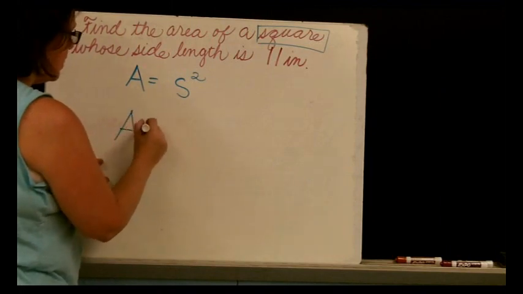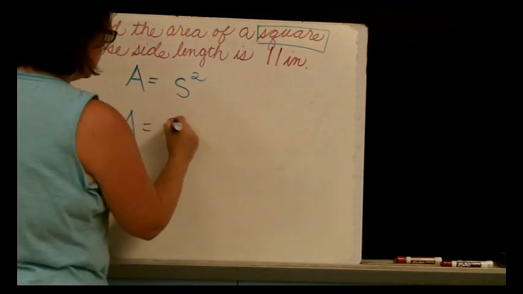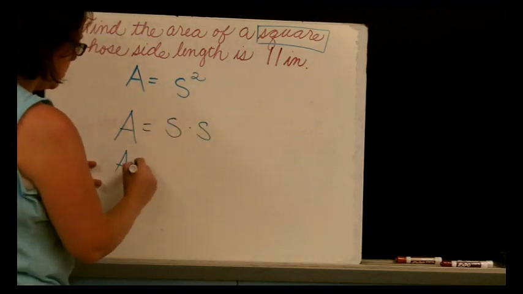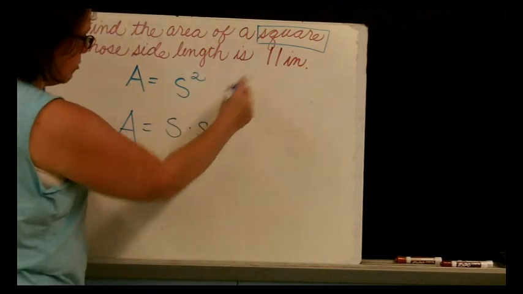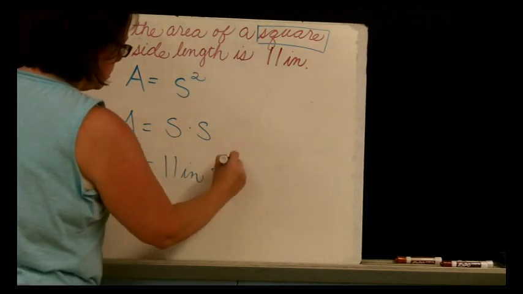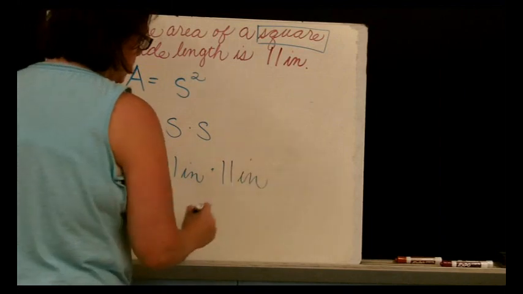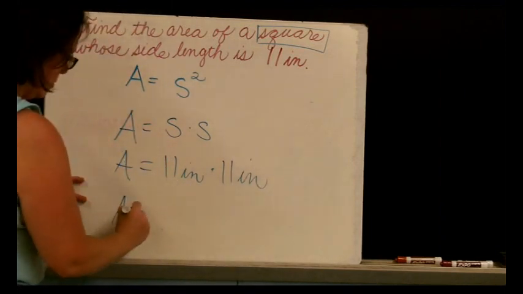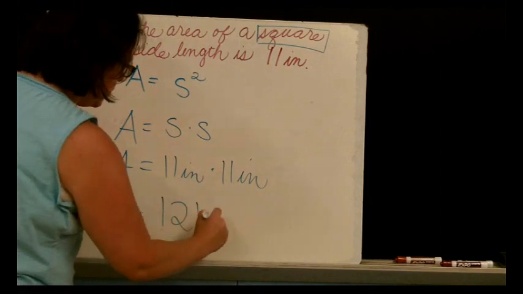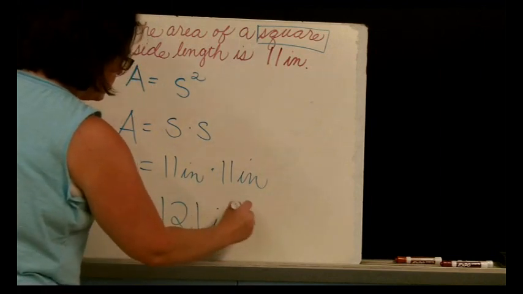Here, what it means is side times side. And now we substitute. The area of this square will be 11 inches times 11 inches. The area of this square is 121 inches squared.